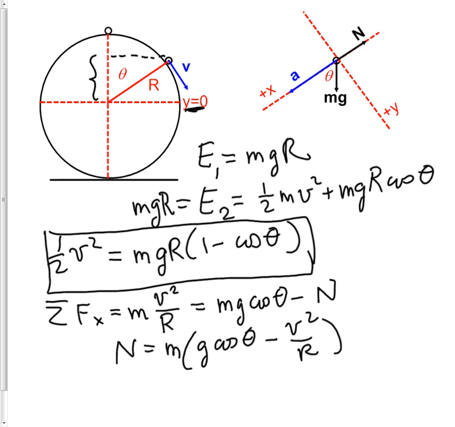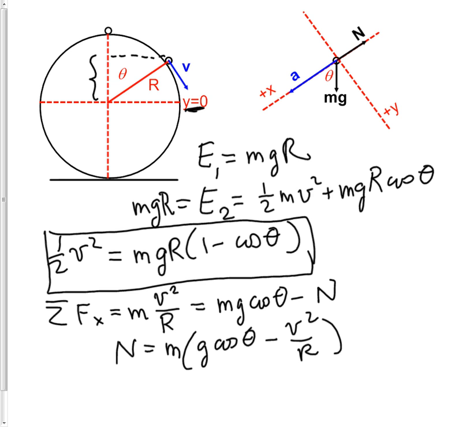The normal force will be 0 when v squared over r is equal to g cosine theta. That's the point at which it will leave the surface, because that's how the bead knows that it's on the surface. It feels that normal force. If that normal force disappears, then it's going to move only under the influence of its own weight. In other words, it's going to become a projectile.